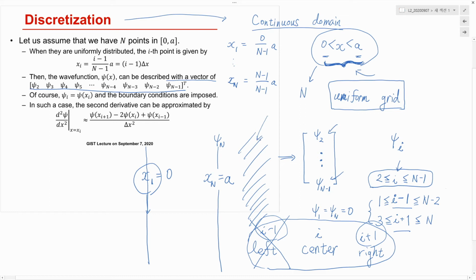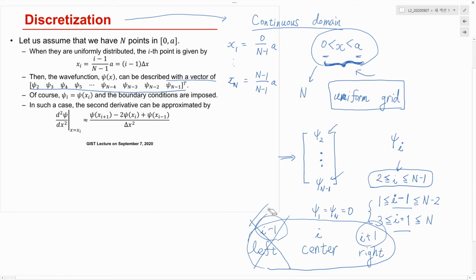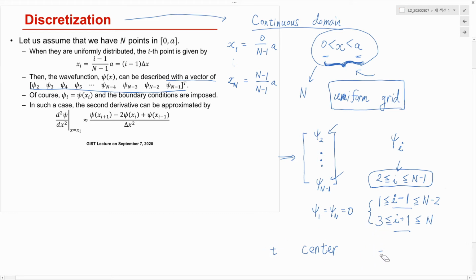This is outside of our domain. However, since we are restricting ourselves only to the range of i starting from 2 and ending at n minus 1, we can easily find the left, center and right positions.